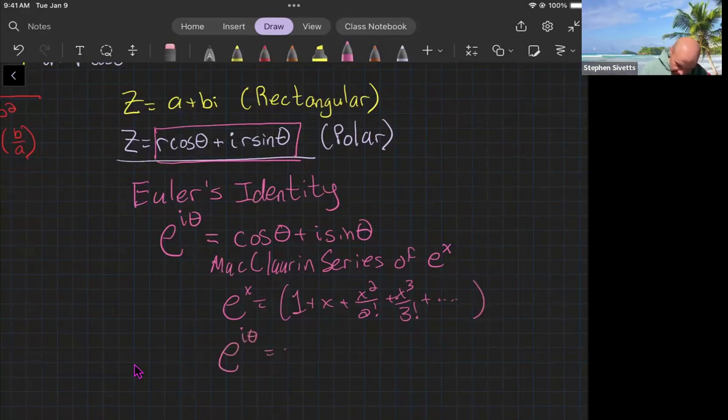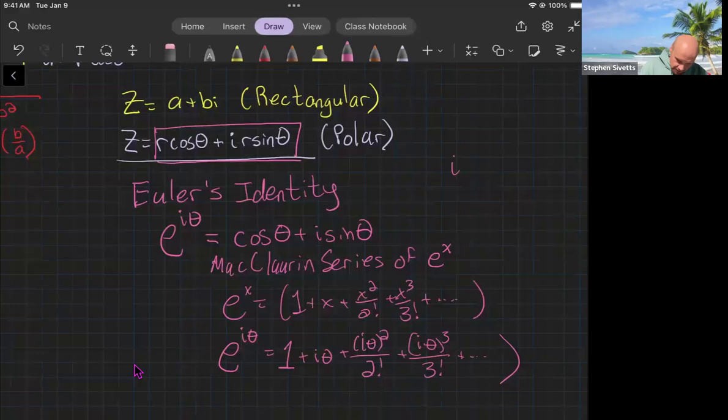Then you look at this quantity, e to the i theta. That means you plug in i theta where x appears in the Taylor series, so it will look like i theta squared over 2 factorial plus i theta cubed over 3 factorial and so on. Just remember that i squared is negative 1 by definition.